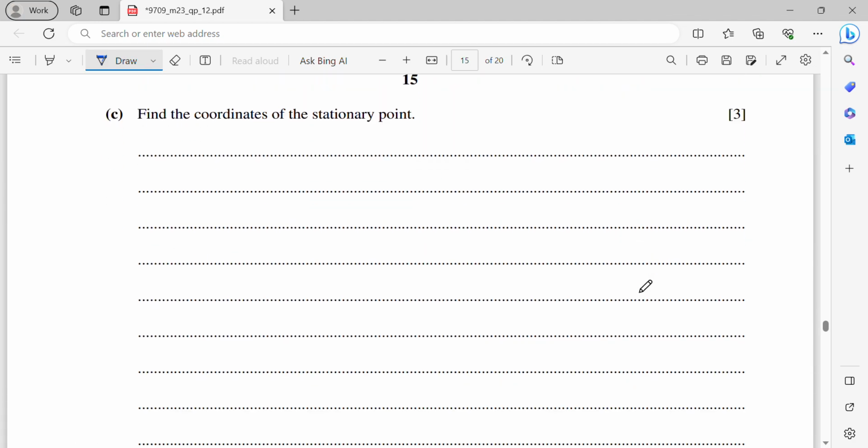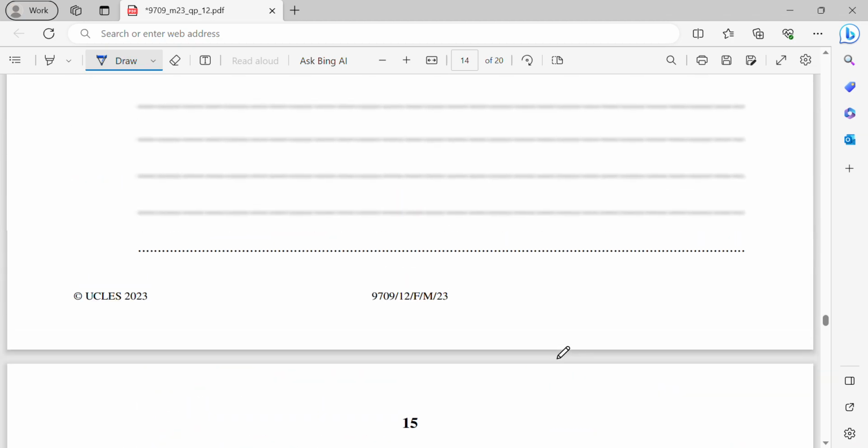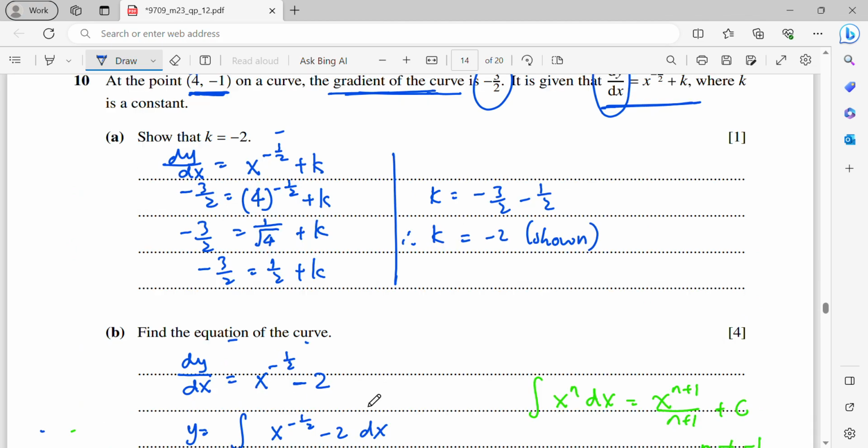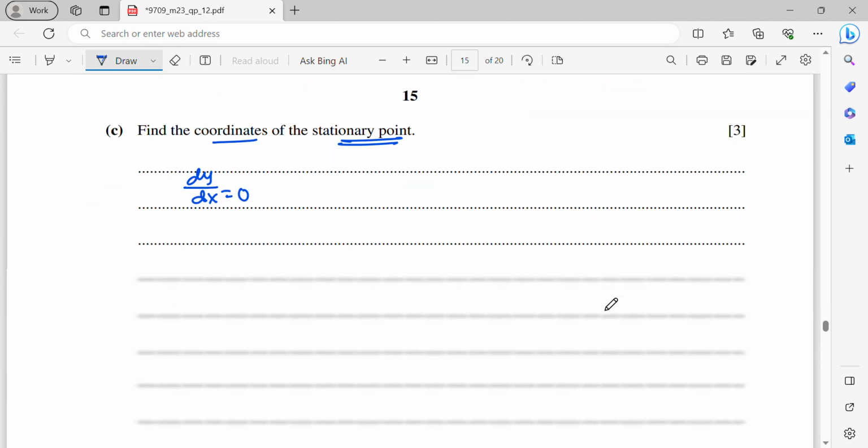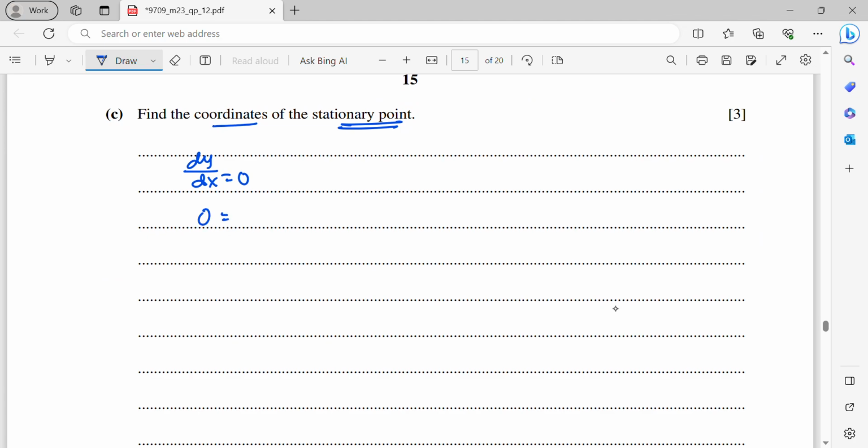Right, now part c, find the coordinates of the stationary points. Stationary points happen when dy/dx equals 0. So just now you were given the dy/dx. Okay, so I will just copy this and let it be 0. So 0 equals x to the power of negative half minus 2.